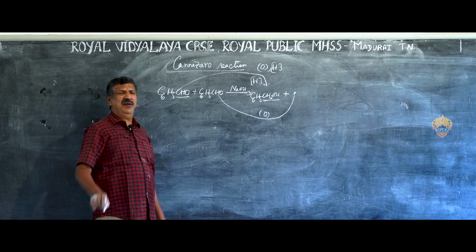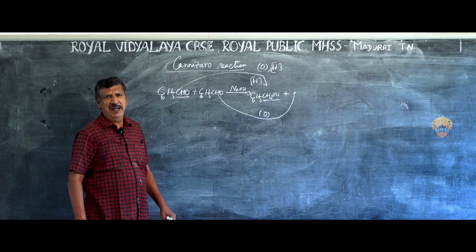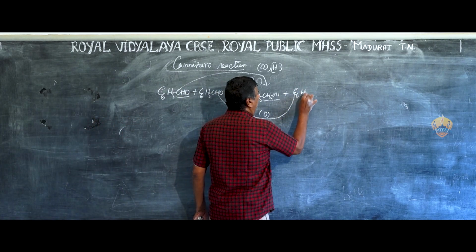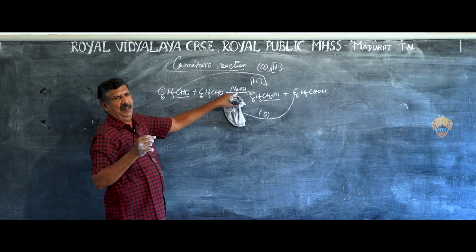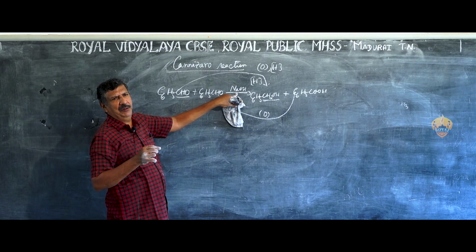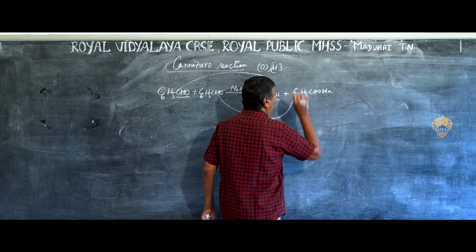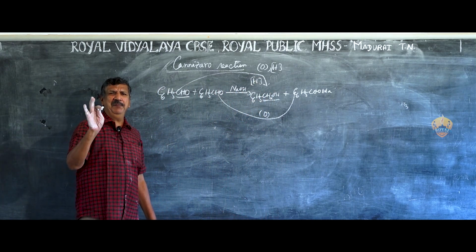When I say oxidized, what will you say? Sir, acid. You will say acid. You will get the acid, but because of the presence of an alkali, this will not keep quiet. It converts this acid into a sodium salt. That's all.